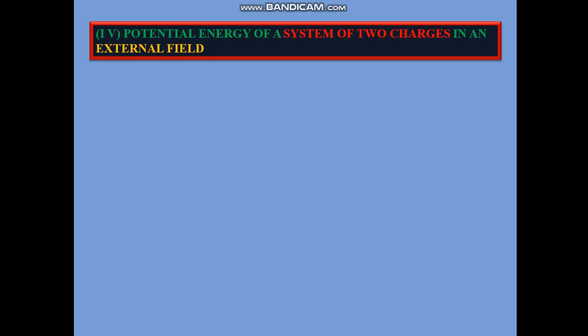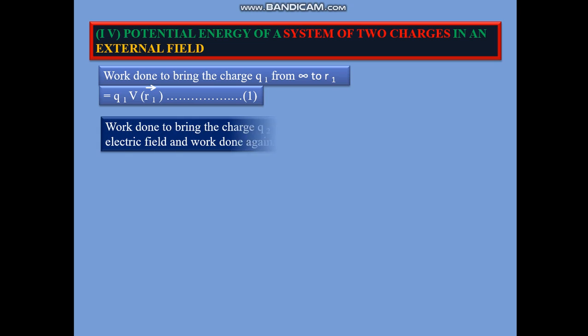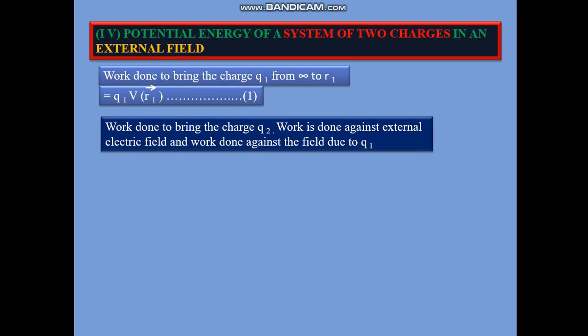Now let us see the potential energy of a system of two charges in an external field. We have the work done to bring the charge q1 from infinity to r1 as q1 into V(r1). Now the work done to bring the charge q2: work is done against the external electric field and against the field due to q1, and they get added up.